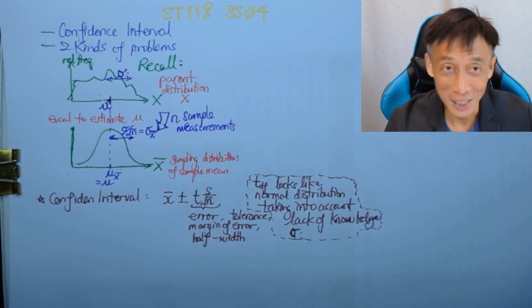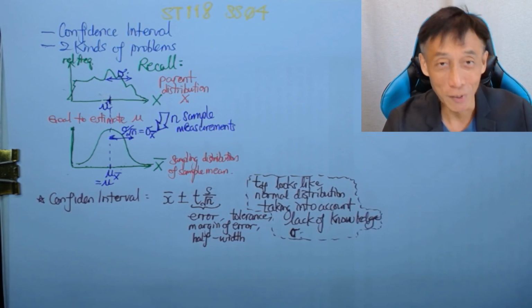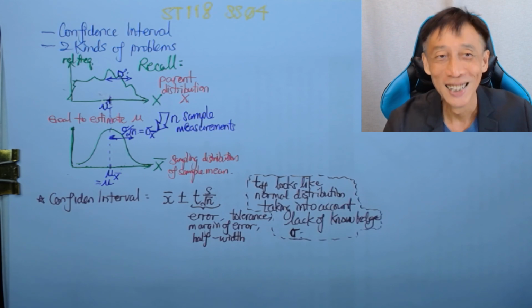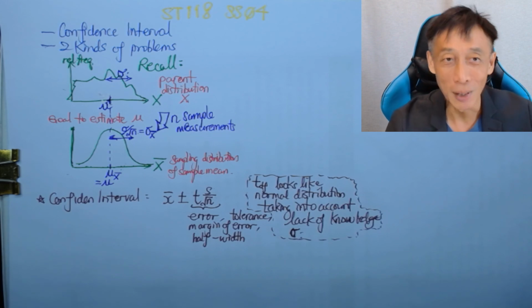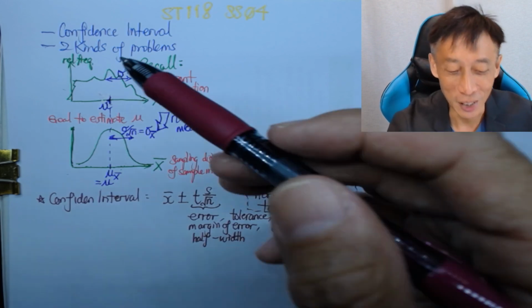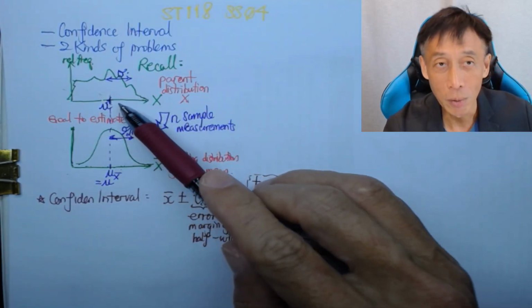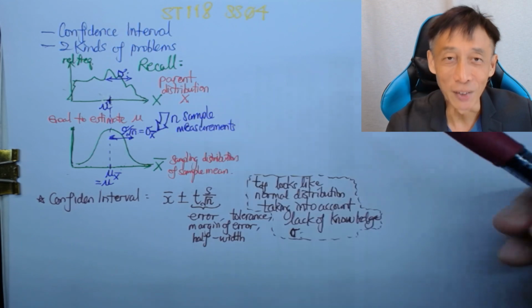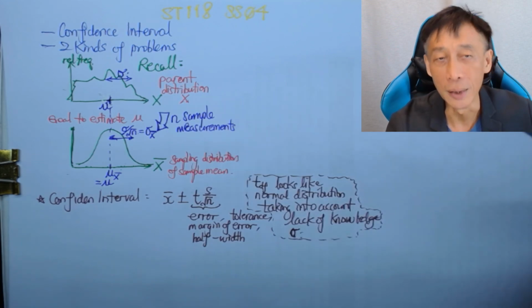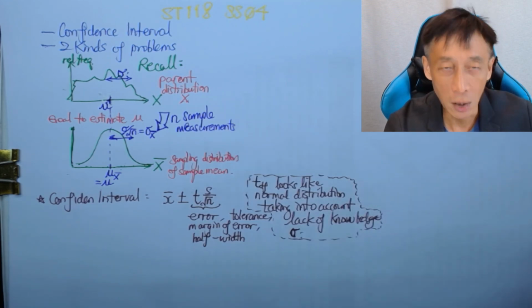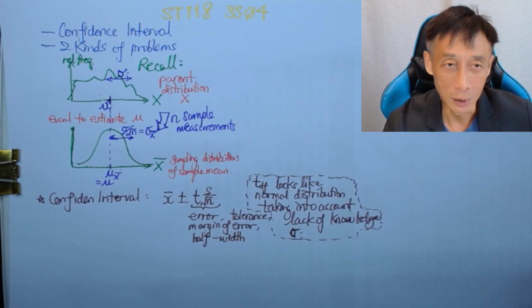Sigma square is defined in terms of all the xi values minus mu. So it somehow implies that you should know mu first before you can know sigma. And if you don't know the value mu, chances are very high that you also don't know sigma. And indeed, that's true in many of our real life scenarios.